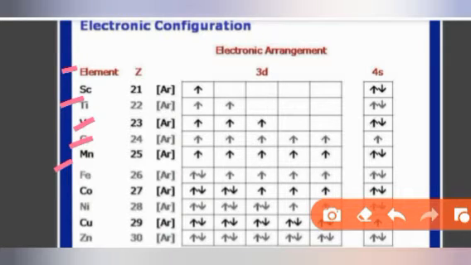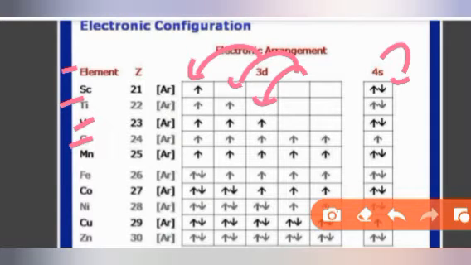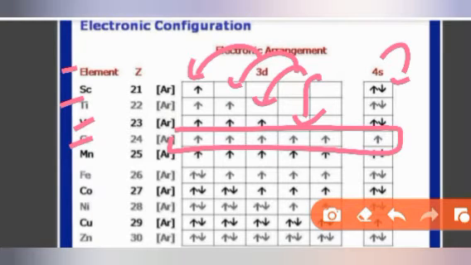Scandium's atomic number is 21, so the configuration will be 3d1 4s2. Similarly titanium is 3d2 4s2, vanadium 3d3 4s2, and chromium should be 3d4 4s2, but it is exceptional. It becomes 3d5 4s1 for maximum stability.